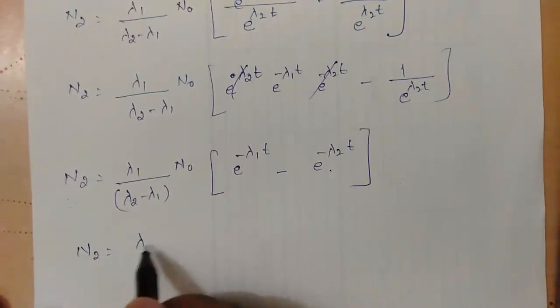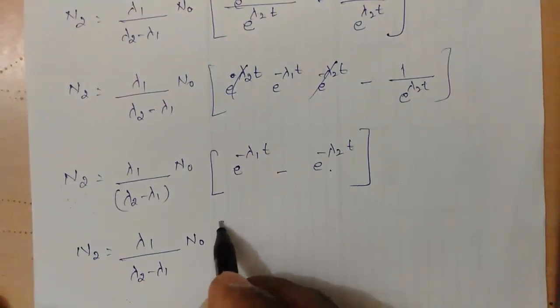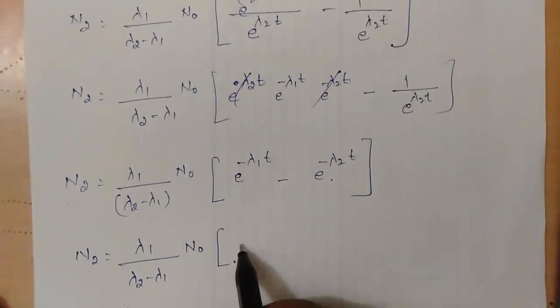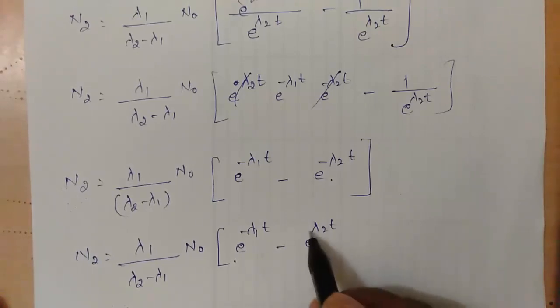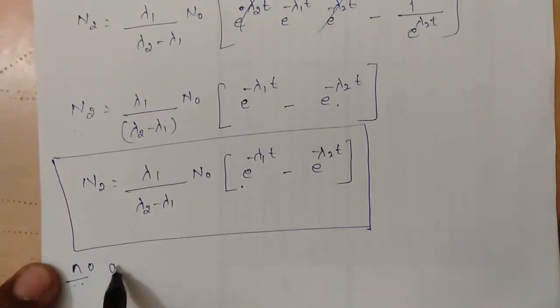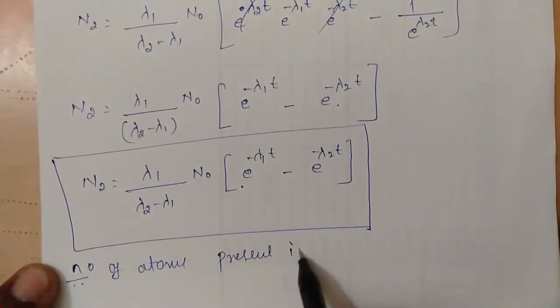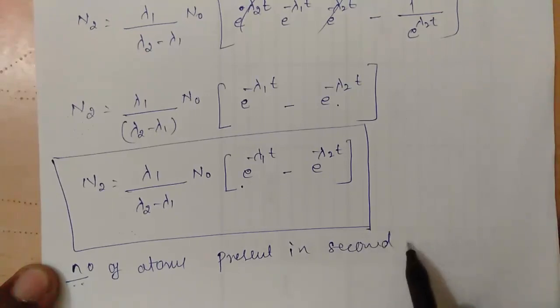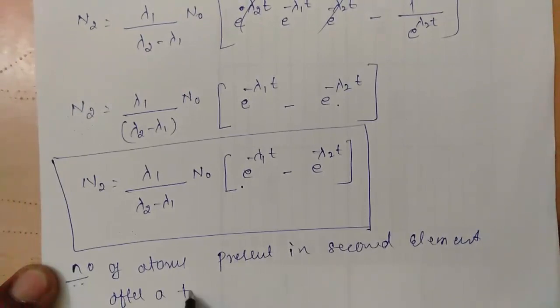Now n2 is equal to lambda 1 divided by lambda 2 minus lambda 1 into n naught, into e to the power of minus lambda 1 into t minus e to the power of minus lambda 2 into t. So this equation will give the number of atoms present in the second element after a time t.